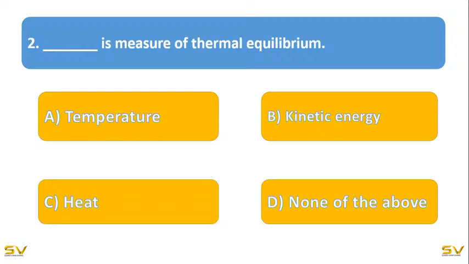Which is the measure of thermal equilibrium? For the previous question, your answer is correct, and now this is the second question. Dash is a measure of thermal equilibrium. Is it option A, temperature, option B, kinetic energy, option C, heat, or option D, none of the above?